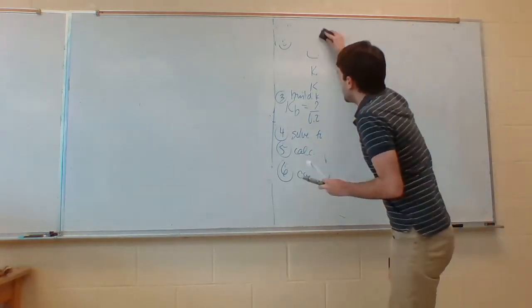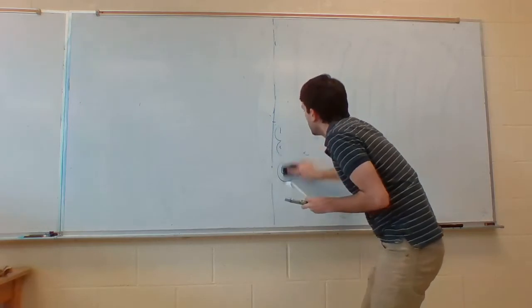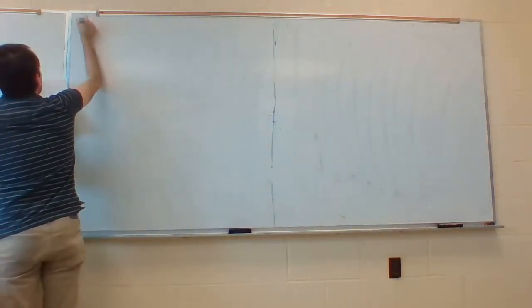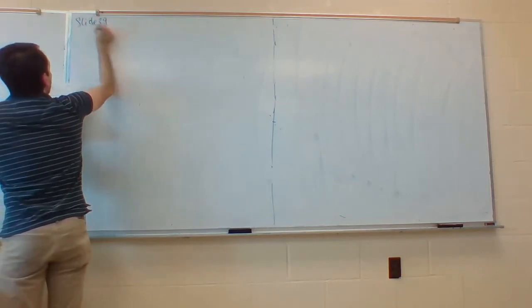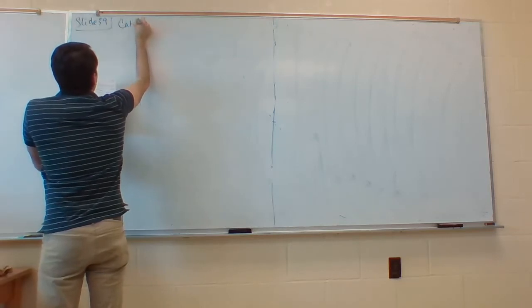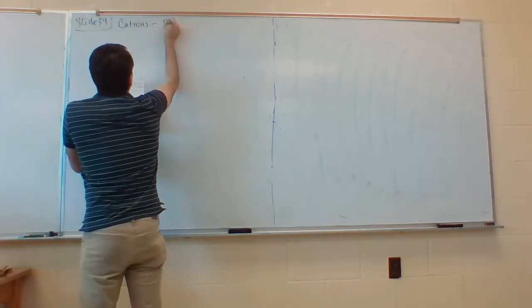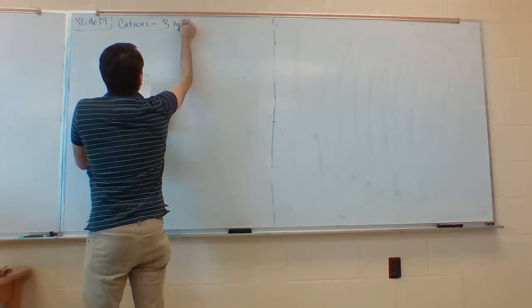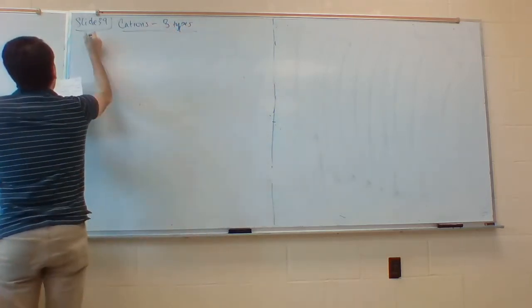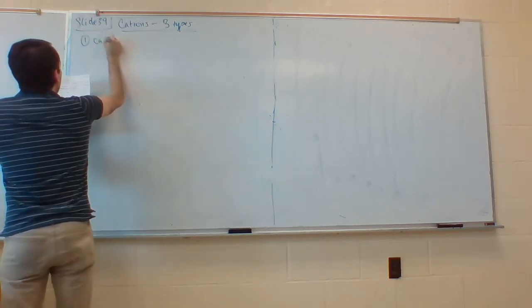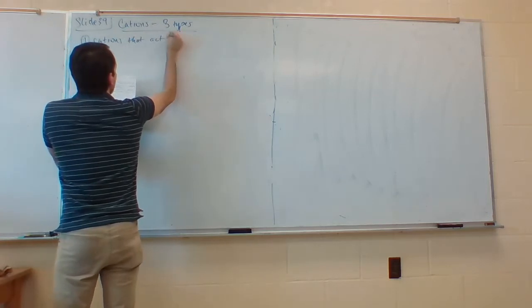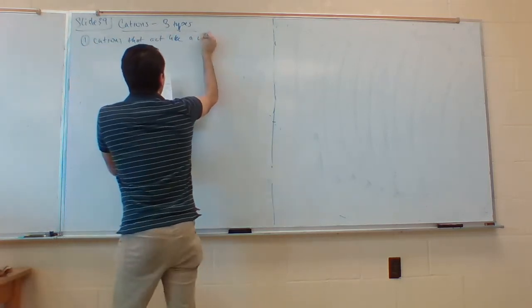So next, I want to talk to you about cations. Looking at slide 39, what you're going to see is that now we're ready to talk about our 3 types of cations. The first type are going to be cations that act like a weak acid.